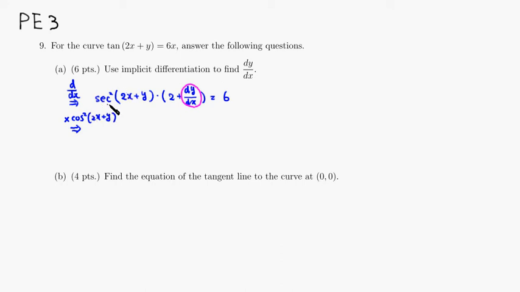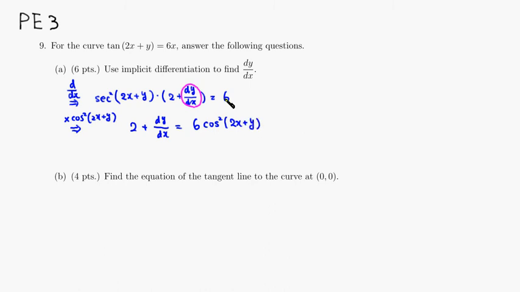If you multiply secant squared by cosine squared, they're reciprocals of each other, so you get 1. So what you're left with is 2 plus dy over dx. Then we still have to multiply the right hand side, which is 6, by cosine squared of 2x plus y.